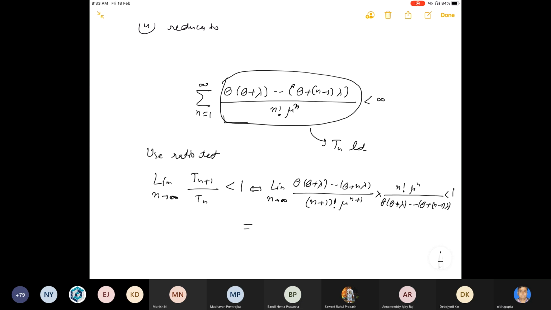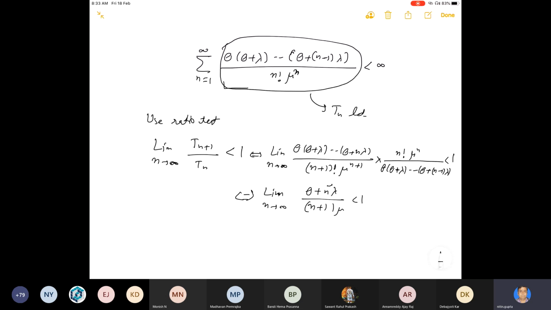This is limit as n goes to infinity. So we are left with theta plus n lambda upon n plus 1 mu is less than 1. So this n, you divide theta by n plus lambda divided by n upon 1 plus 1 upon n, mu.